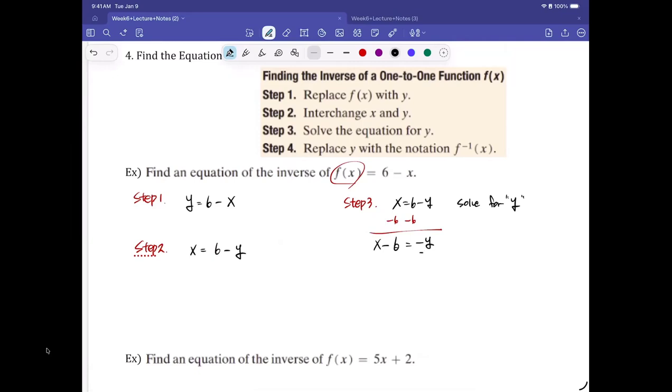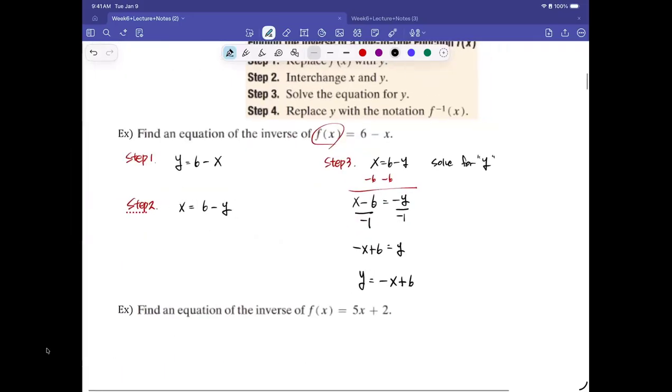And then you have to divide by -1. So y is going to be -x plus 6, because x divided by -1 is -x, and -6 divided by -1 is +6. So I'm going to rewrite it: y is equal to -x plus 6. That's step number 3.